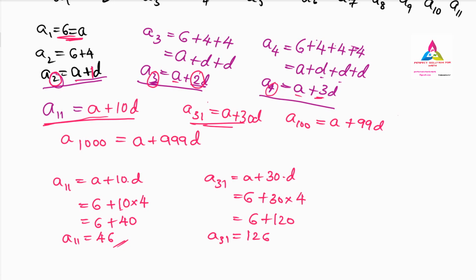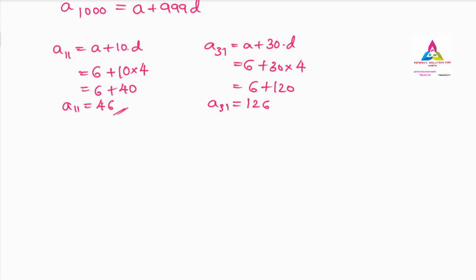But what is the actual formula? Because we have to write down the formula, not derive it this way. So how to find that formula? The formula refers to the nth term, so an is equal to... A11 we know is A plus 10D, and A31 refers to A plus 30D. So A will not change, A will remain as it is.